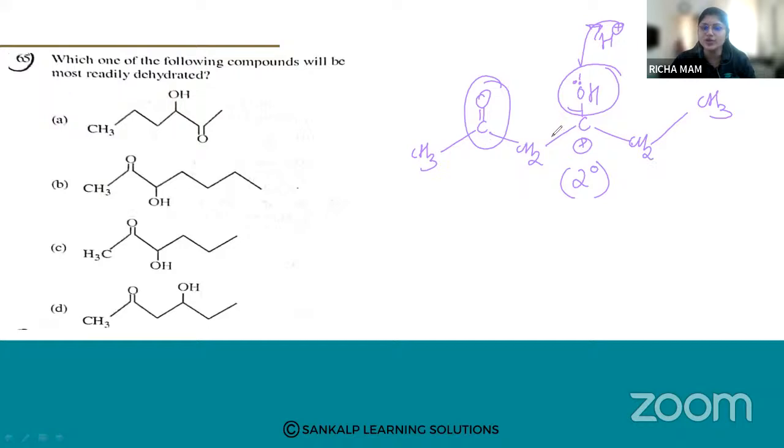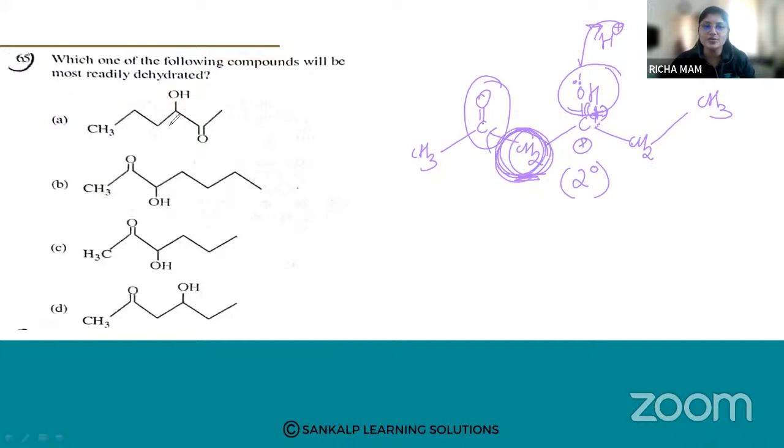Next to the C double bond O and OH group, you have an alpha carbon, so alpha hydrogen is present. You know that alpha hydrogens are more acidic and can be removed as water. So the positive charge formed on the carbon can be stabilized by this alpha hydrogen.